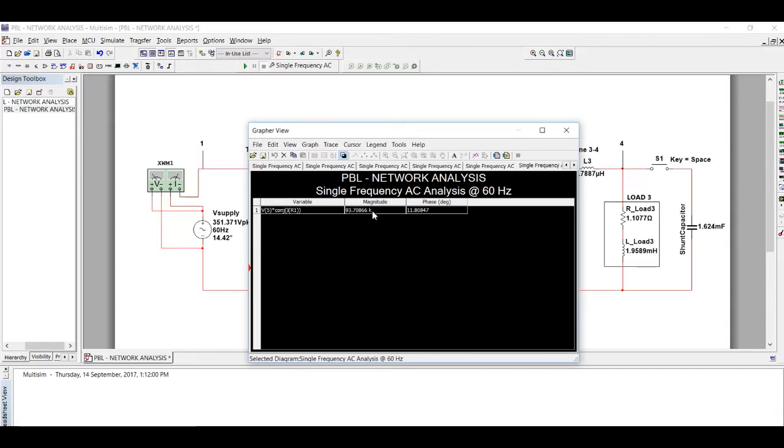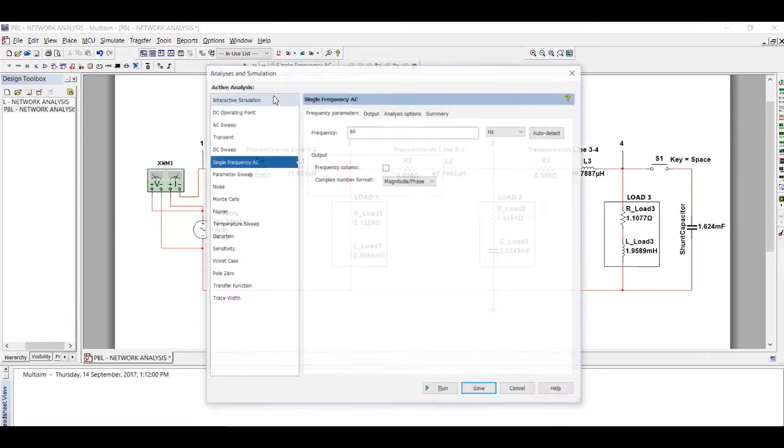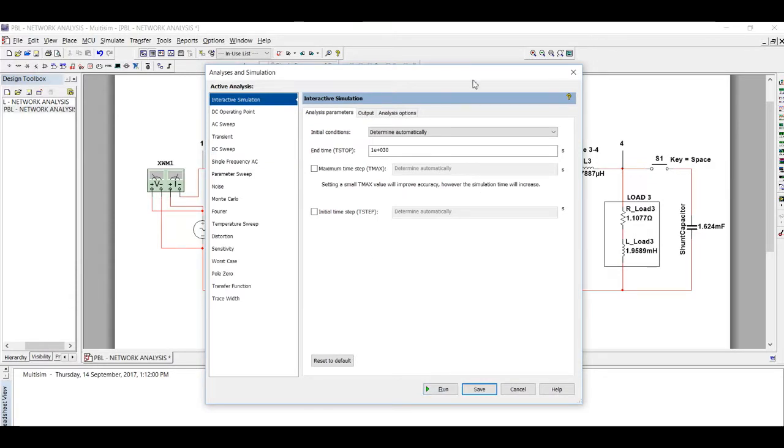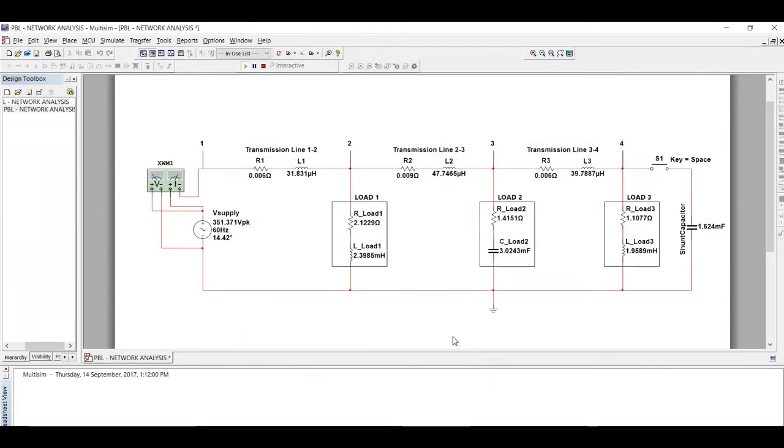At the output, we use the same expression, we run the simulation, and we get these values. The magnitude obtained, which is 93.70866 kVA, is the total apparent power of the system.